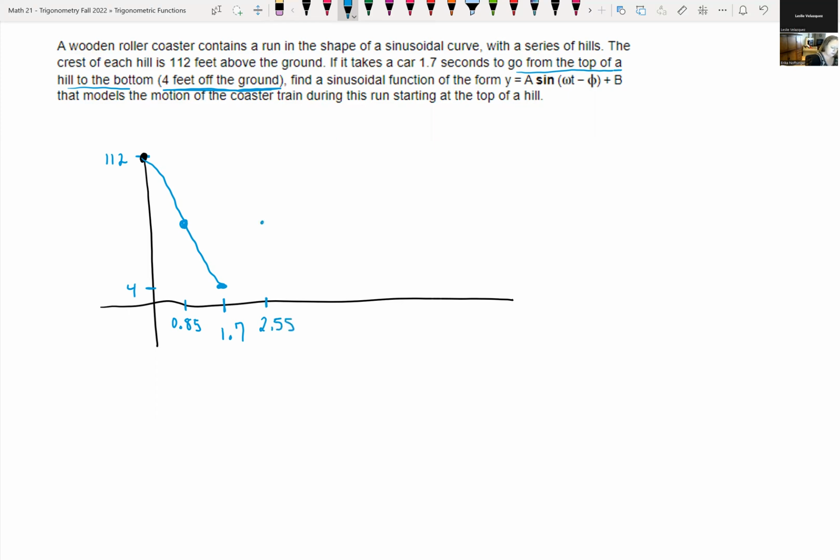So we'll hit back up to the midway line, and then adding another 0.85, that means at 3.4 seconds I'd hit back up to the top. If it hadn't told me which function to use, I probably would use cosine, but it told me I want to use sine.